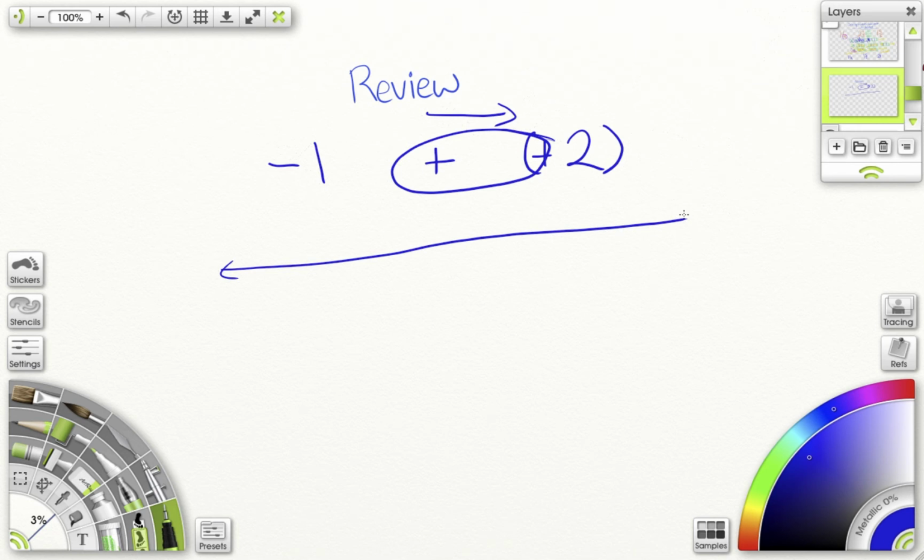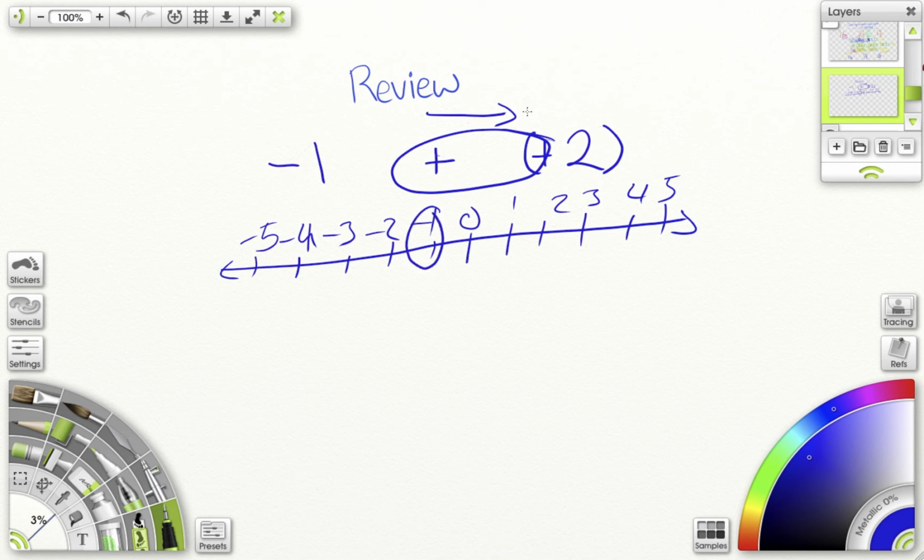So if I give you a number line right here, 0's in the middle, 1, 2, 3, 4, 5, and this side is negative -5. So if I start at -1, it means I'm going 2 spots to the right. So 1, 2. Where do I end up? I end up at +1.